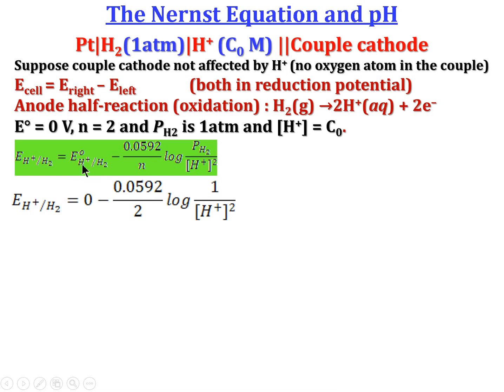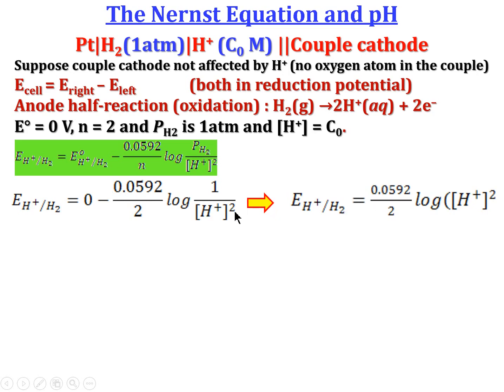E0 of H+/H2 is equal to 0, so the potential E(H+/H2) equals 0 minus 0.0592 divided by 2 log the pressure of hydrogen, which is 1 atmosphere, divided by the concentration [H+] squared.